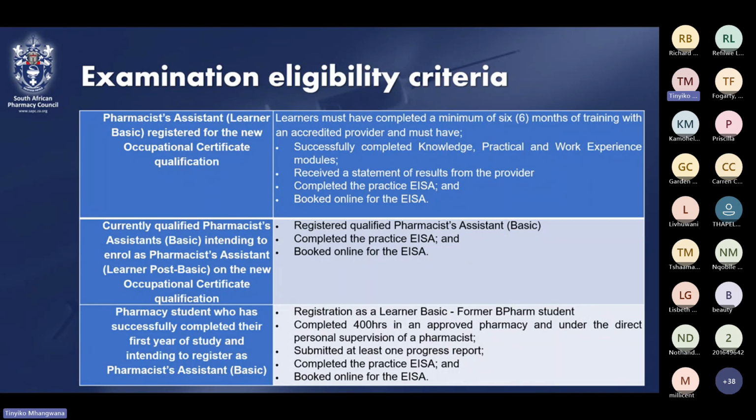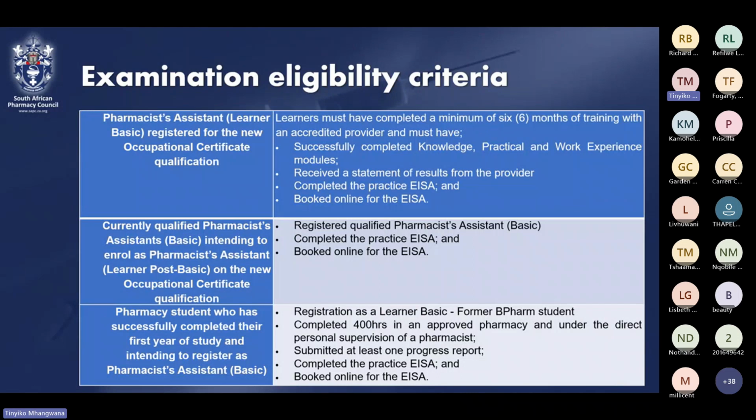We have 3 categories of people that qualify to write or should write the exam. First category is the pharmacist assistants that are currently registered for the new occupational certificate qualification, which started last year.